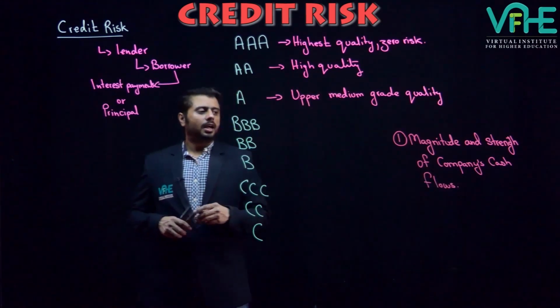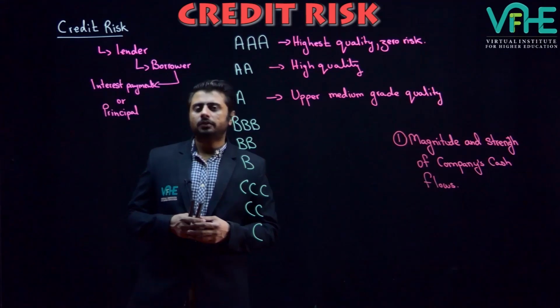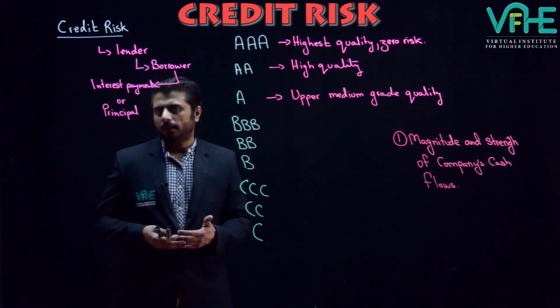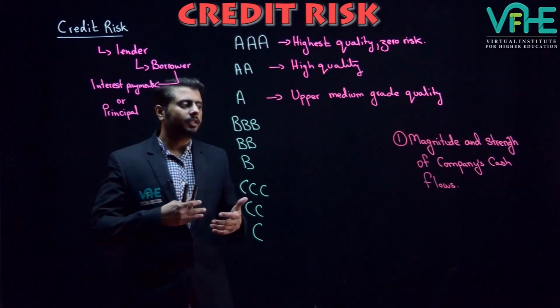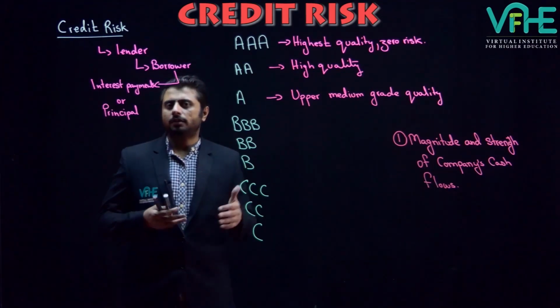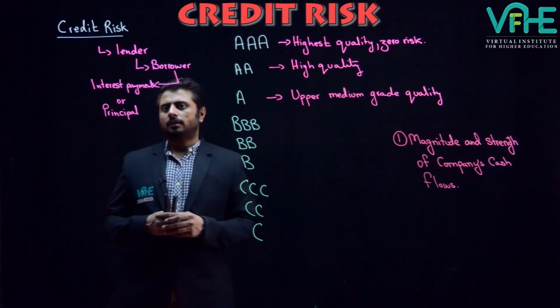Generally, the higher the cash flows, the less risky the company will be. However, if a company has difficulties in cash flows, it will be rated lower.